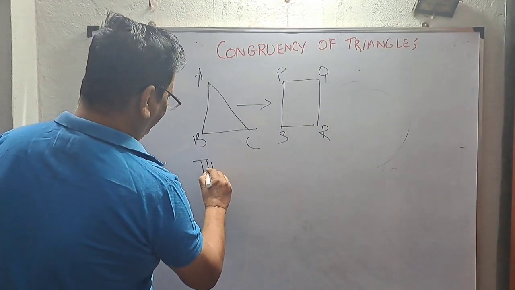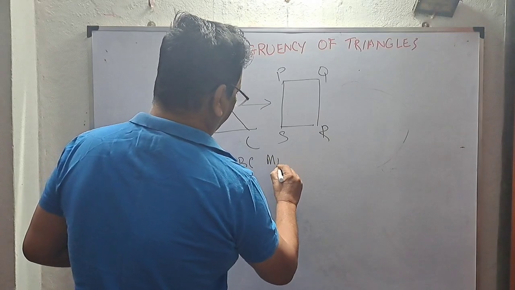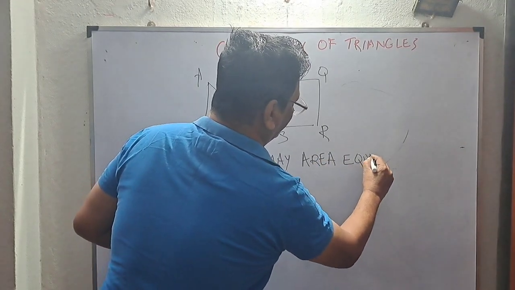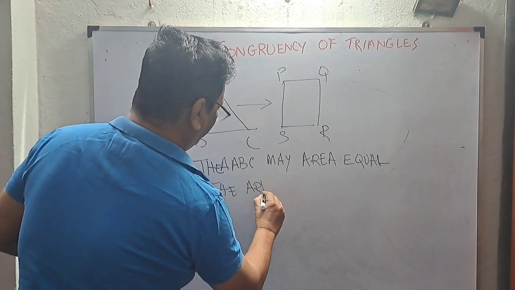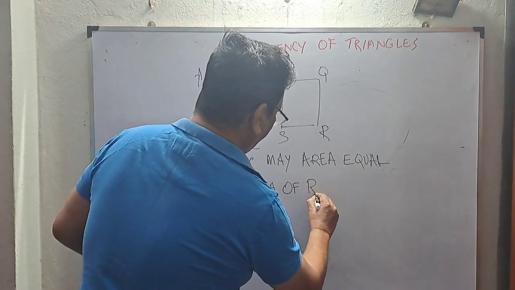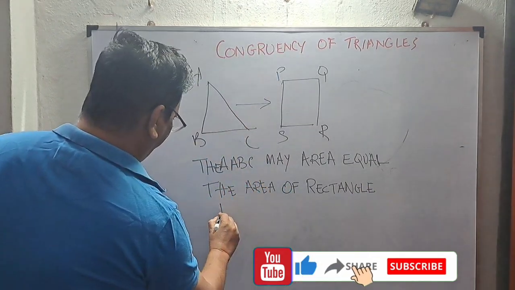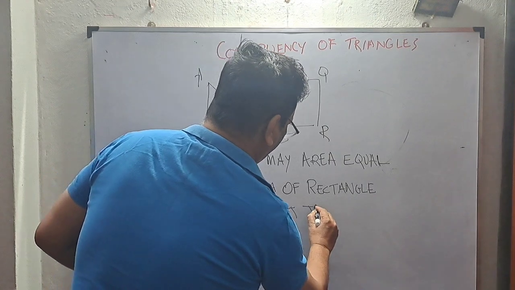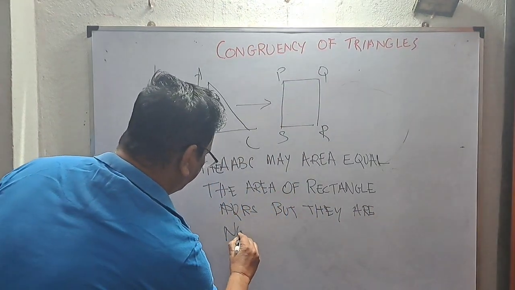The triangle ABC may have area equal to the area of rectangle PQRS, but they are not congruent.